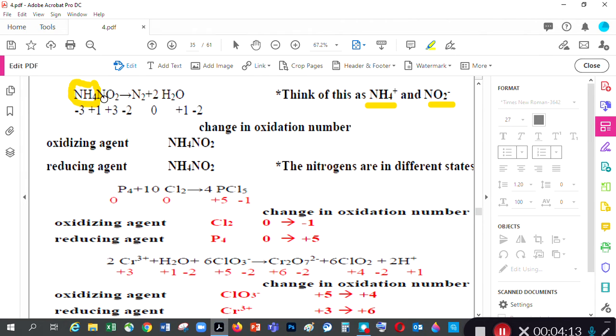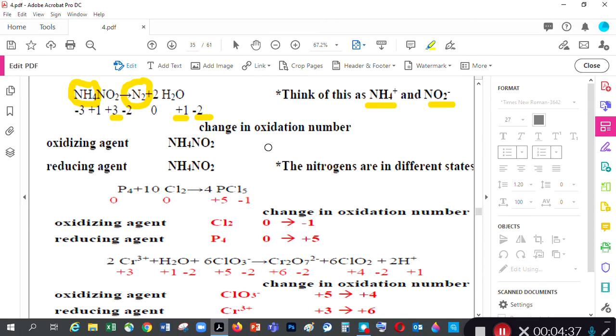And nitrogen, because you have to add all this together, nitrogen is +3, correct? And if you look at this one here, nitrogen is 0, hydrogen is +1, oxygen in H2O is -2.